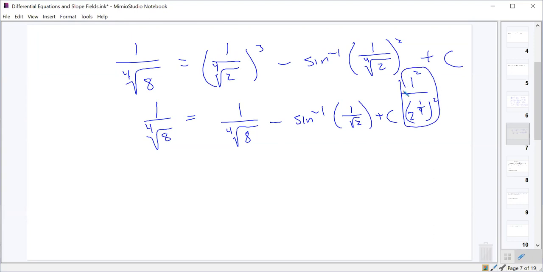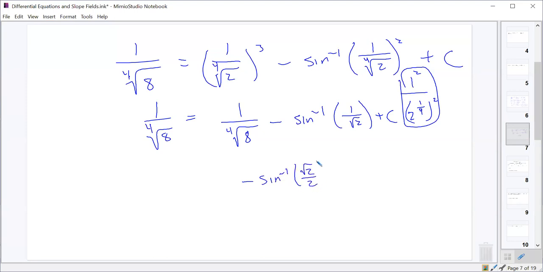It's just sort of a side note here. And then what is 1 over root 2's inverse sine? We should be able to come up with that because we should be able to rationalize this, right? And see what this is equal to on the unit circle that we've always seen. What do I get if I rationalize that? Root 2 over 2.